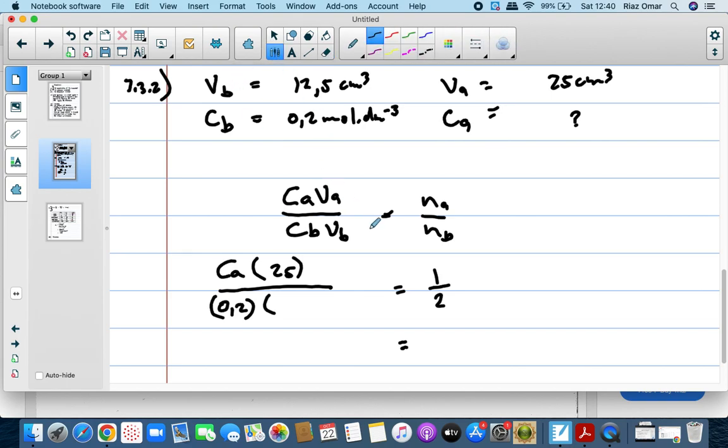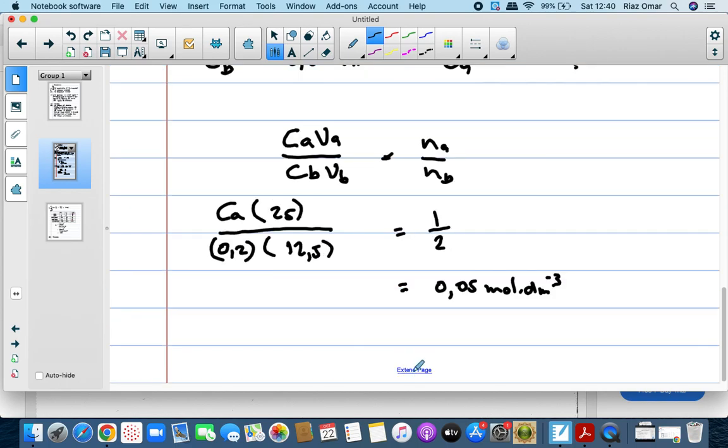Volume of base is 12.5. Alright, and if you work it out taking your calculator, say 12.5 times 0.2 divided by 2 times 25, you get the concentration of your acid will be 0.05 mole per dm cube. So there's the concentration of our acid.